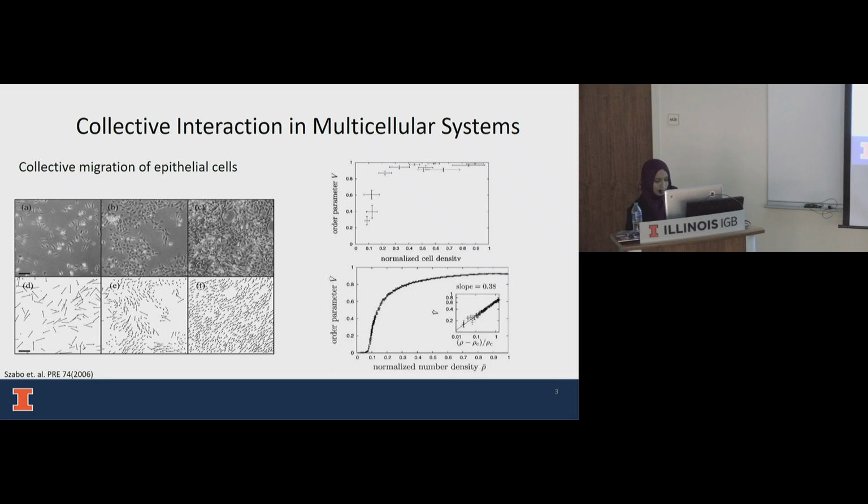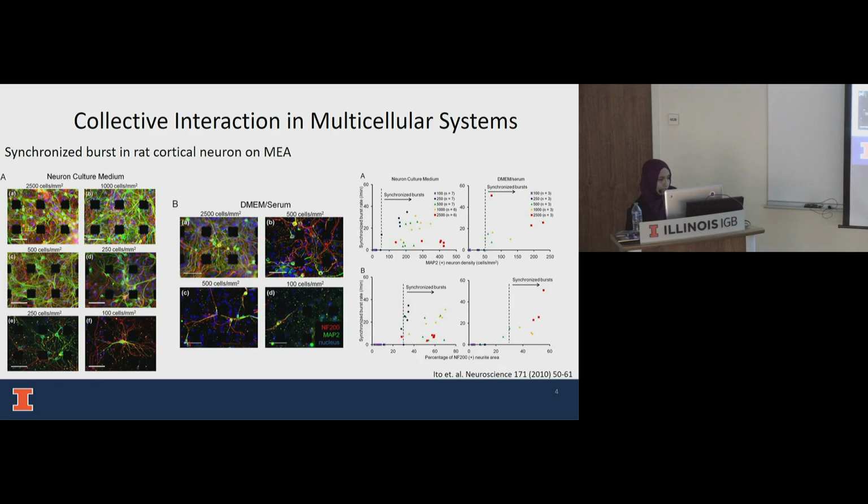Not only epithelial cells, we have seen that in the case of neurons, one such collective behavior is synchronous firing. In this study, the authors showed that for synchronous firing, a minimum number of neurons is also required. Below a certain value, there is no synchronous burst.